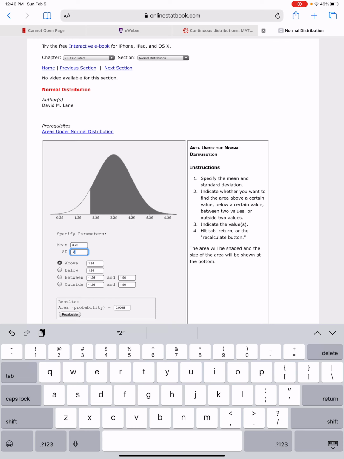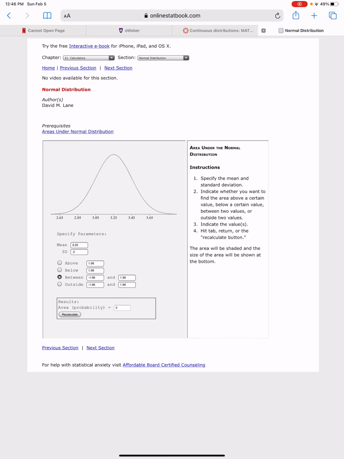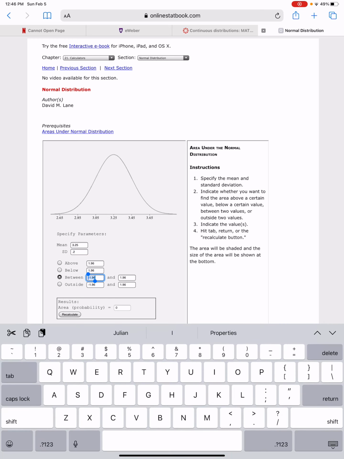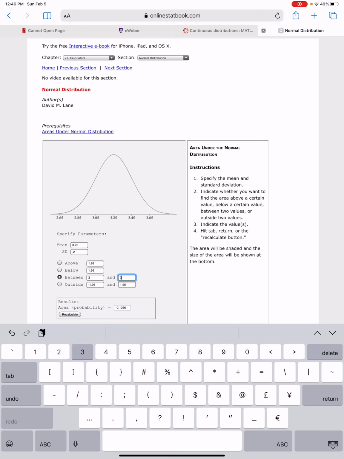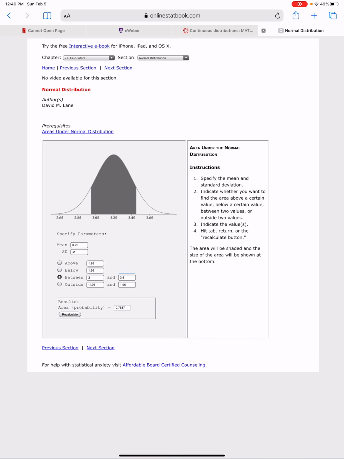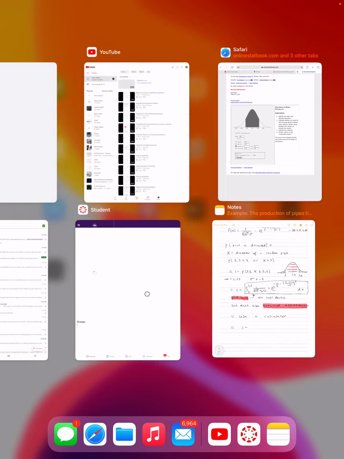And I want it to be between 3 and 3.5. Then we'll ask it to recalculate. And notice it shaded that middle part, so that's 0.788.